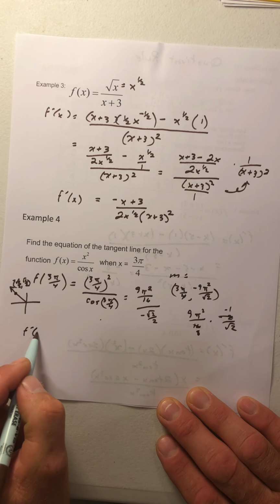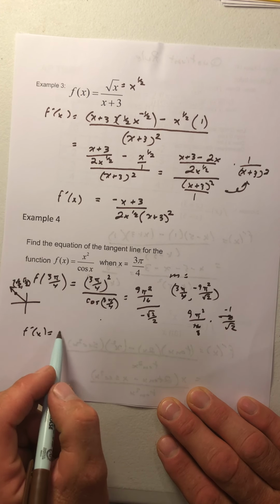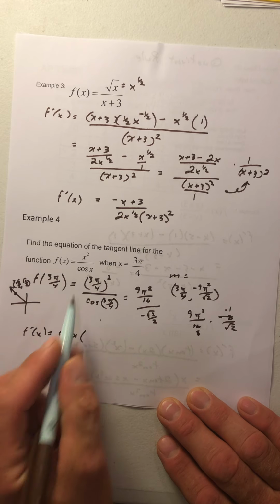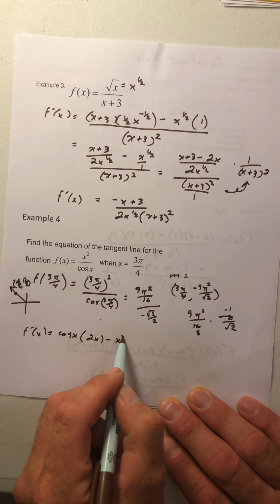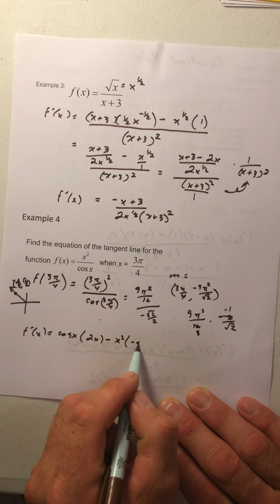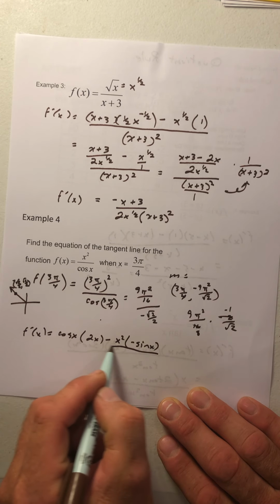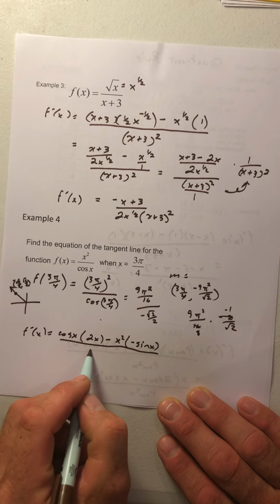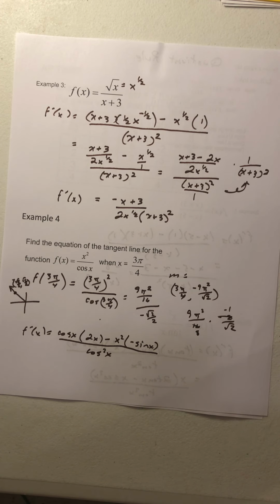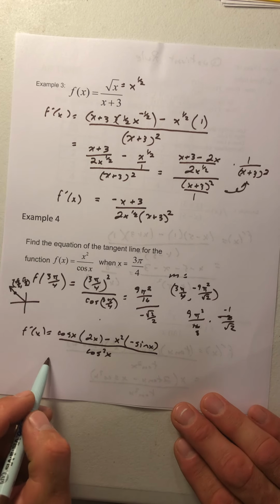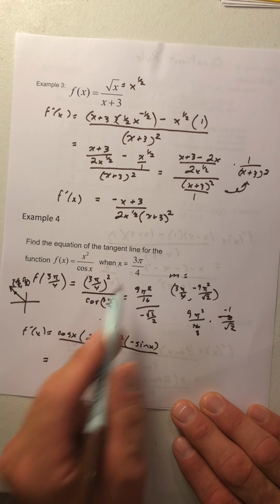So we have the first derivative. Our first derivative is going to be the cosine of x times 2x. From that, we're going to subtract x squared times the derivative of cosine of x, which is negative sine of x, all over the cosine squared of x. This is going to be kind of an ugly, nasty problem, isn't it? So go ahead and plug in your 3 pi over 4.